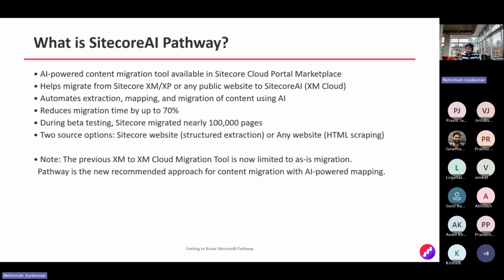An important note for those familiar with the XM to XM Cloud migration tool, which has been there since 2022. That tool is limited to being an assets migration tool. It's just whatever is in the current website, only on the XM side, that it can migrate over to SitecoreAI. So it is basically an assets migration tool, but this tool is more than that.